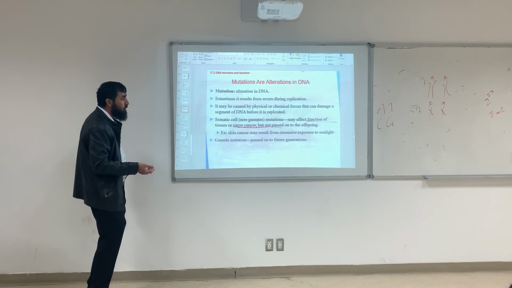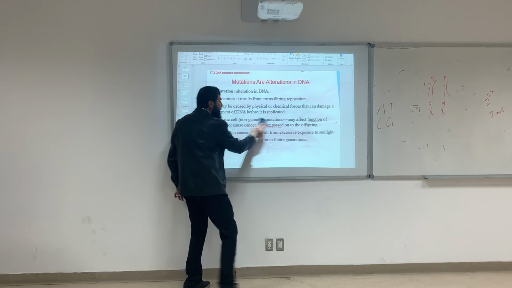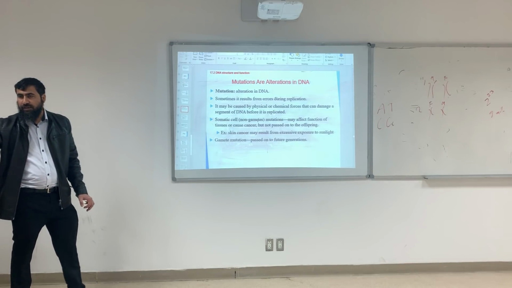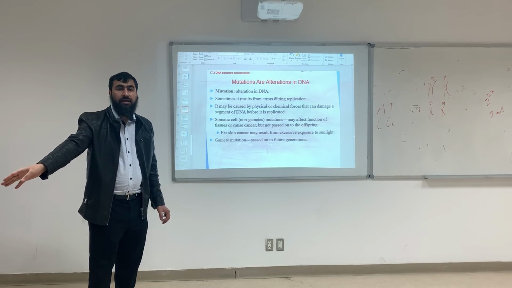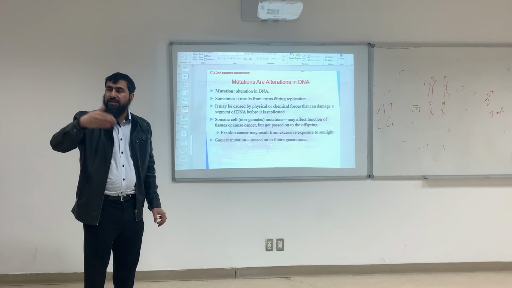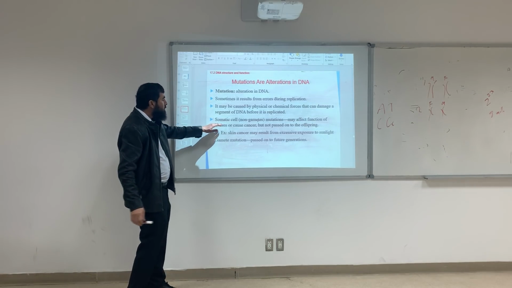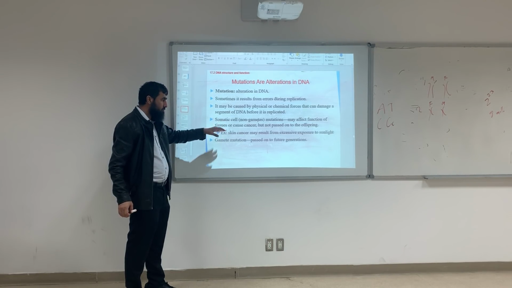So chemicals. Now, if you have mutations in the gamete, will that be passed on to the new generation? Yes, in the gamete. In the somatic cells? No. So diseases that are caused by mutations in the somatic cells, like cancer, okay?